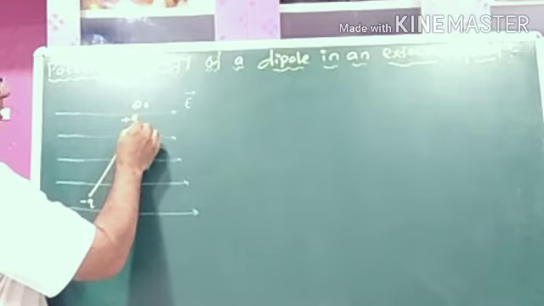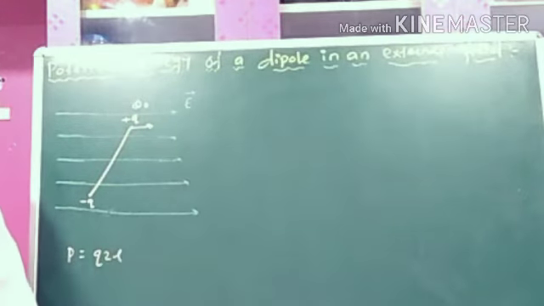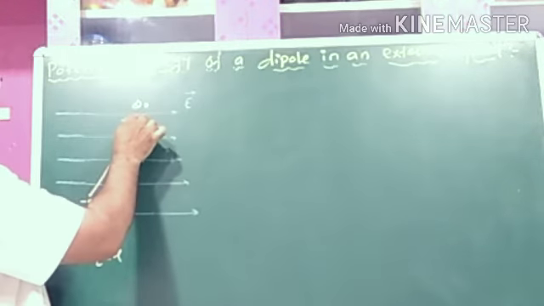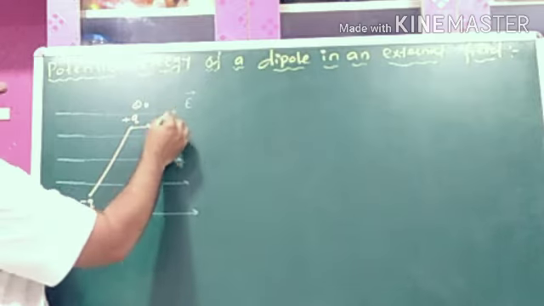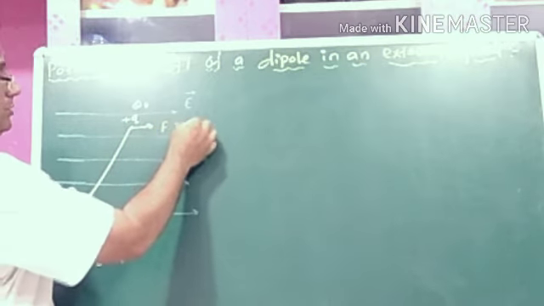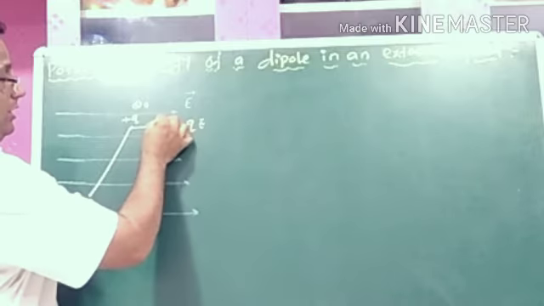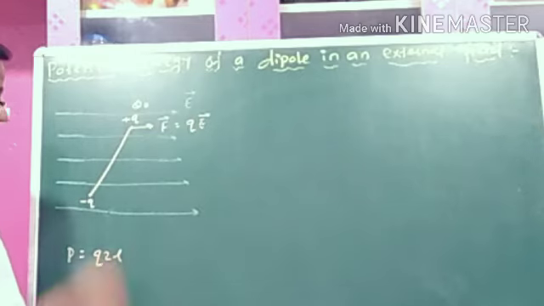On the positive charge, the force F is equal to Q into E, or in vector form, Q into vector E.